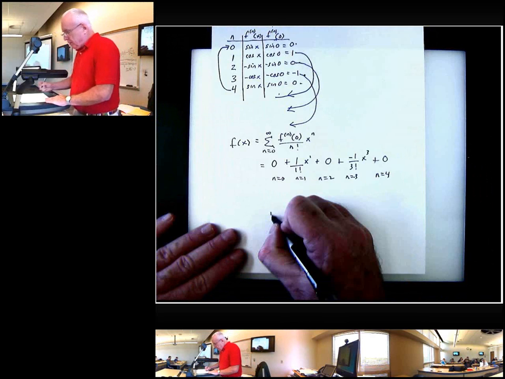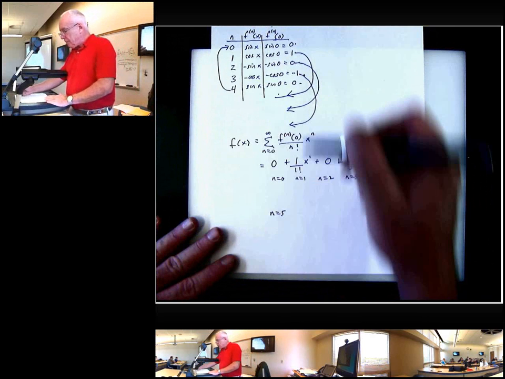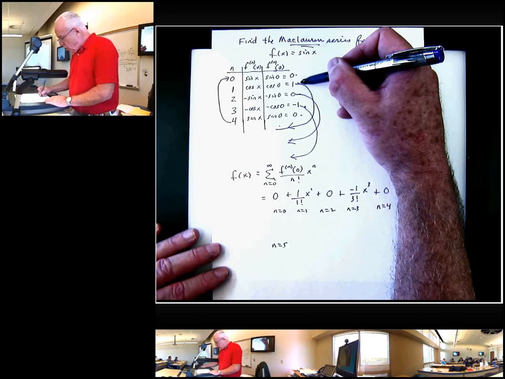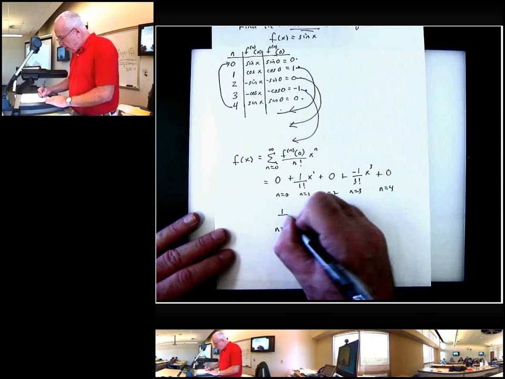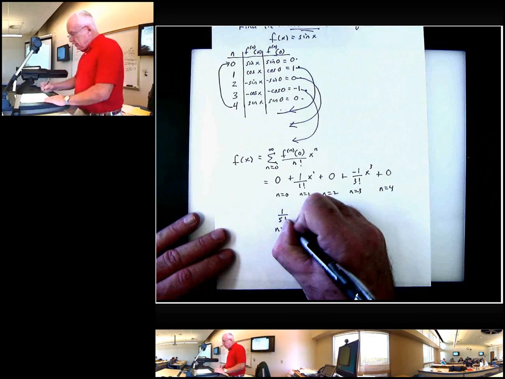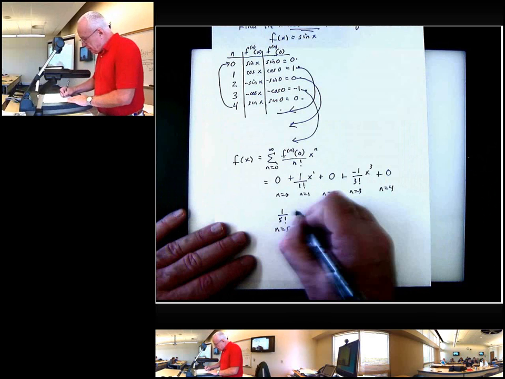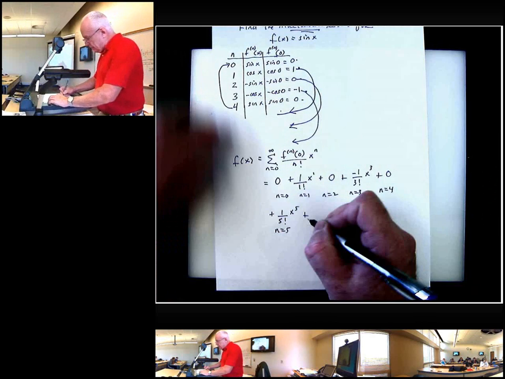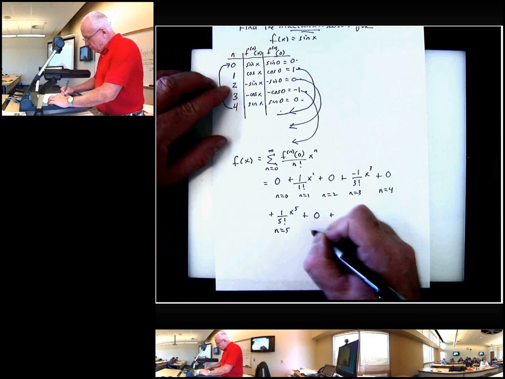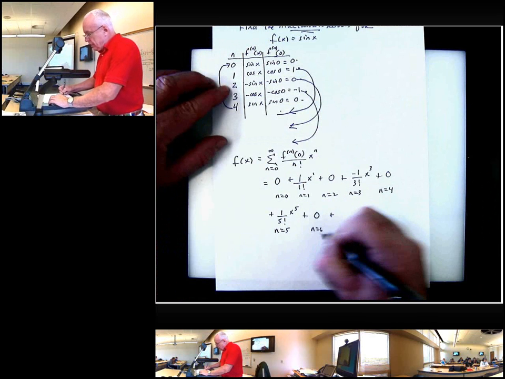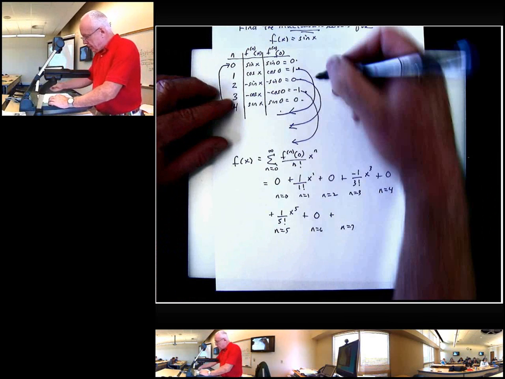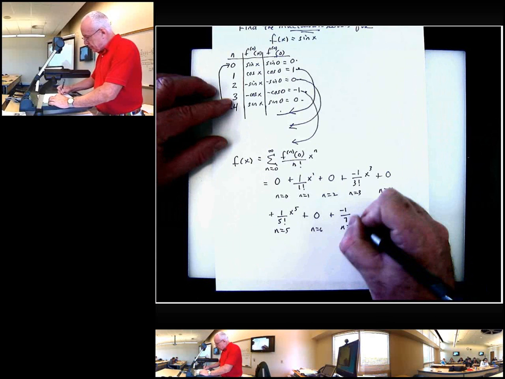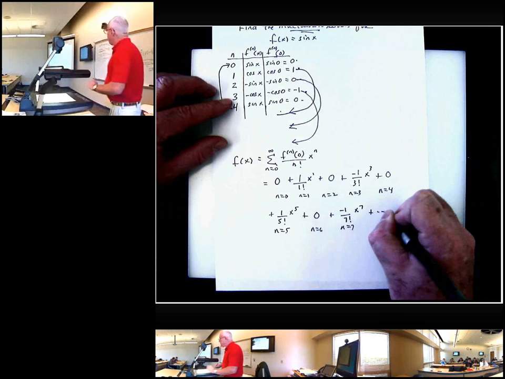When n is equal to 5, I'm actually going to be back up here at this case right here, and that's going to be 1 over 5 factorial times x to the 5th power. When n equals 6, we're going to be back to 0. And when n equals 7, we're going to be at negative 1 over 7 factorial times x to the 7th. And I'm going to stop there.